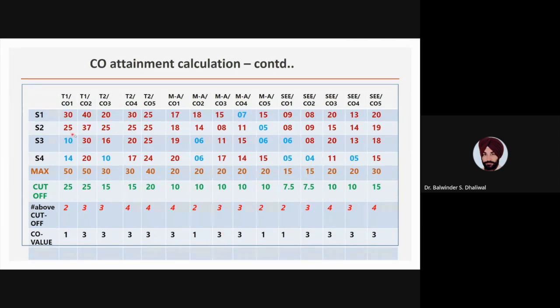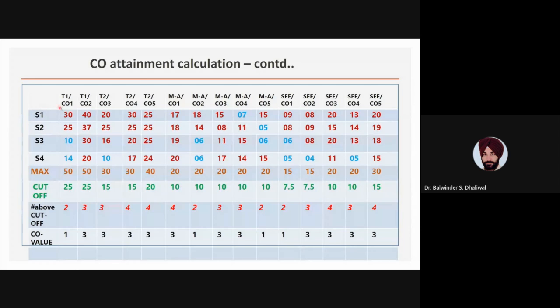Here you can see that CO1 has been assessed using 3 different tools, T1, MA, as well as SEE, right? So every CO has been assessed through 3 different assessment tools.